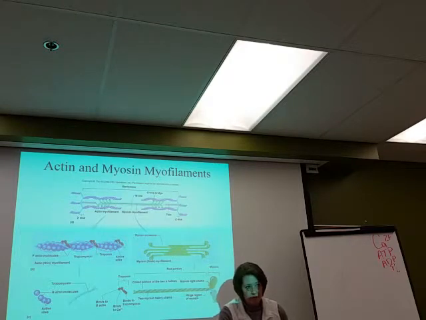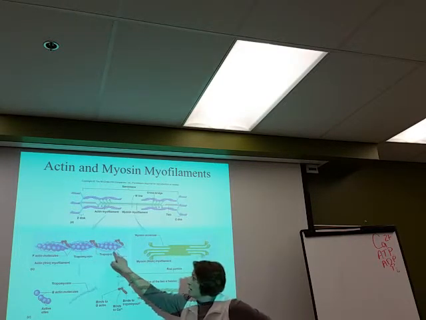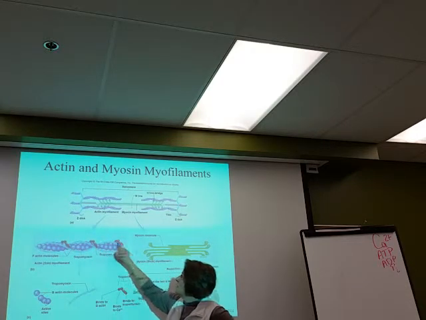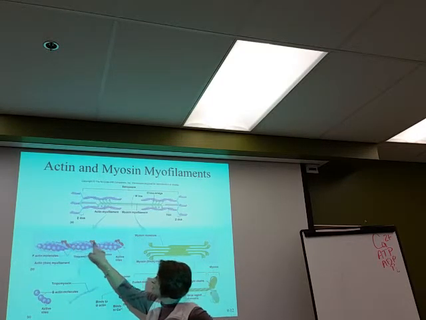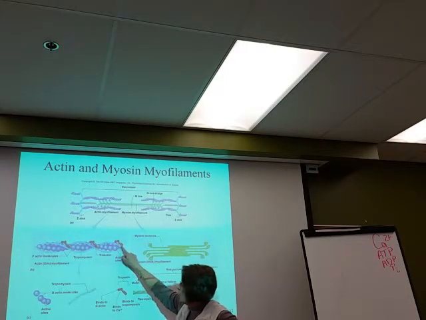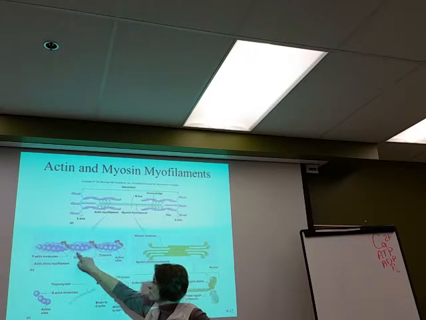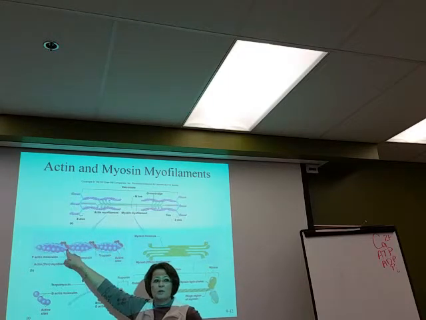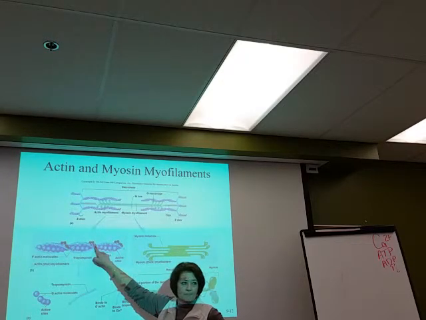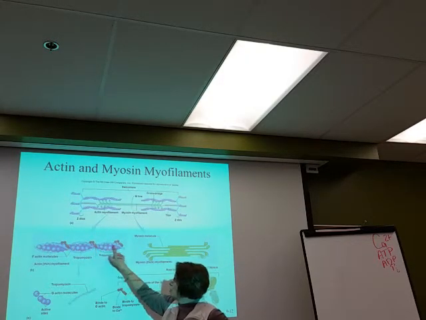But, see this other stuff making up the thin filament? The one that looks like a rope is tropomyosin. The one that looks like 3 little pieces to it is the troponin.